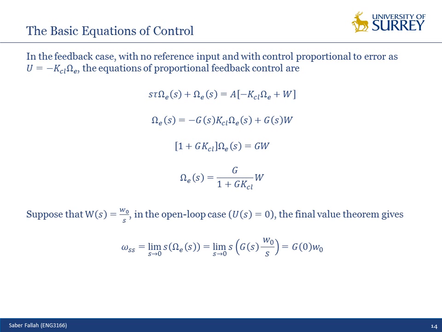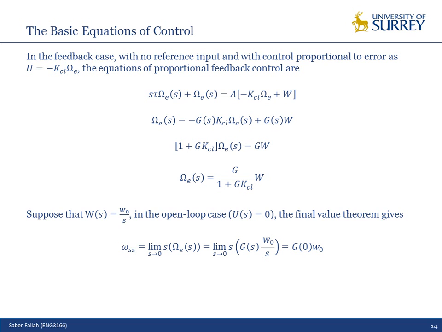Okay. So for the open loop system, I will have G0 W. What's G0? Based on the definition, G(s) is A over tau s plus 1. If s goes to 0, G0 will be equal to A. So this one is A, times W0.